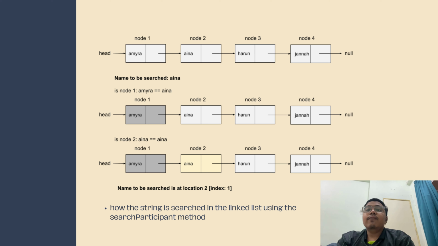Otherwise, starting from the head, the iteration compares each participant name with the provided name, ignoring case sensitivity. If a participant with the matching name is found, found is set to true and the loop stops. It will finally print a message indicating whether the participant exists in the list or not.